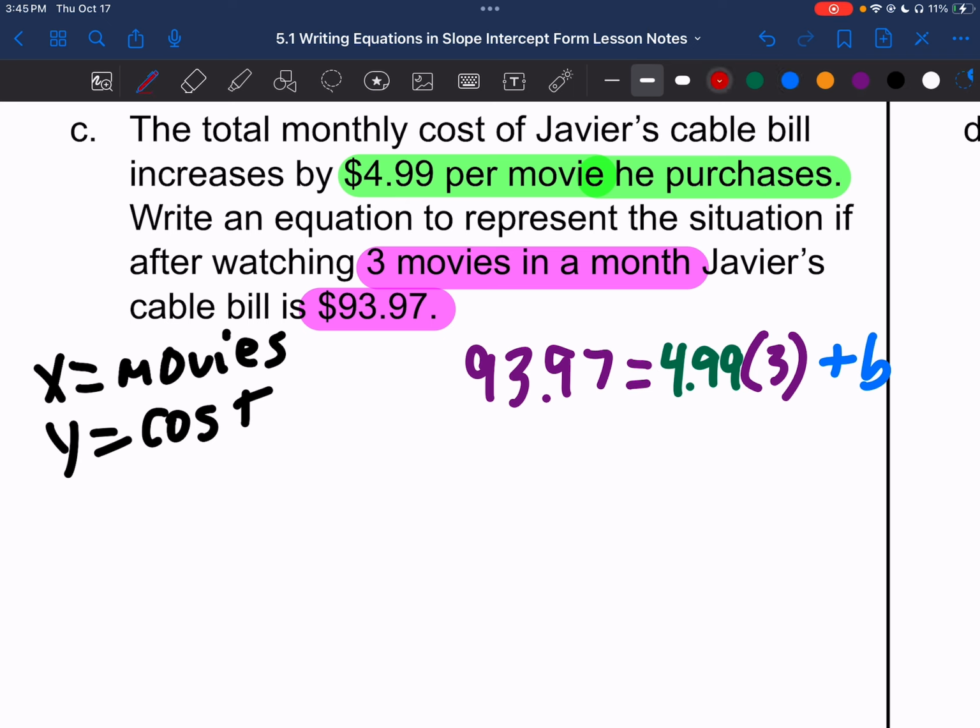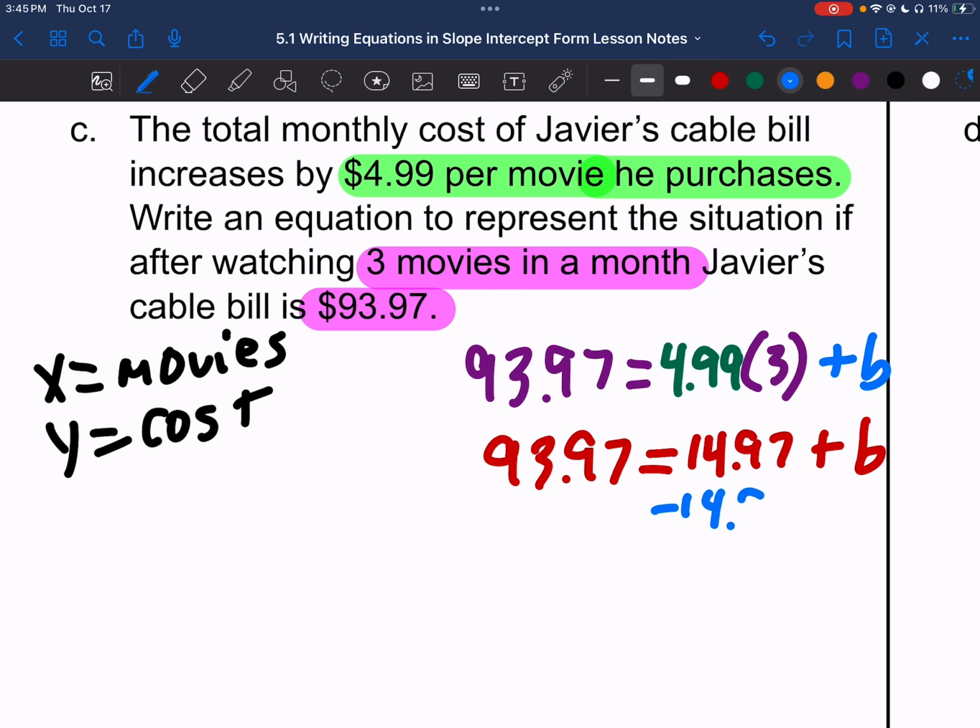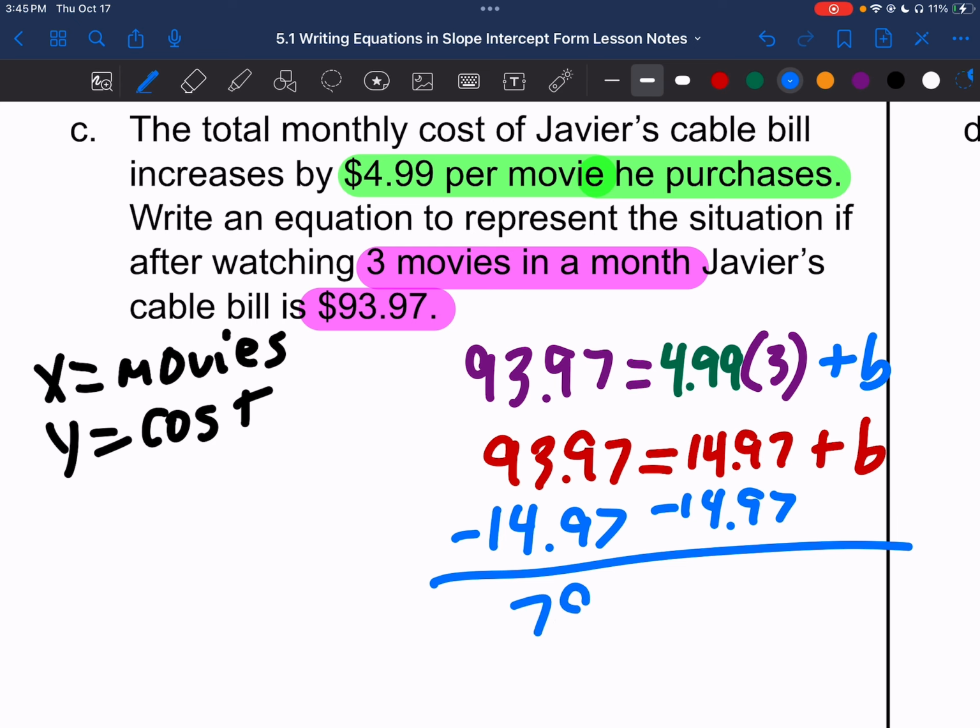My first step, $4.99 times 3, so we get 93.97 is equal to 14.97 plus B. My last step, subtract 14.97 from both sides, and I get a value of 79 is equal to B.